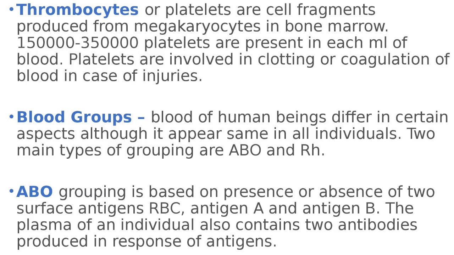And in the second way, there is another disease, thrombocytosis, in which the number of platelets increases. When the number of platelets increases, it is known as thrombocytosis. If the number decreases, it is known as thrombocytopenia.